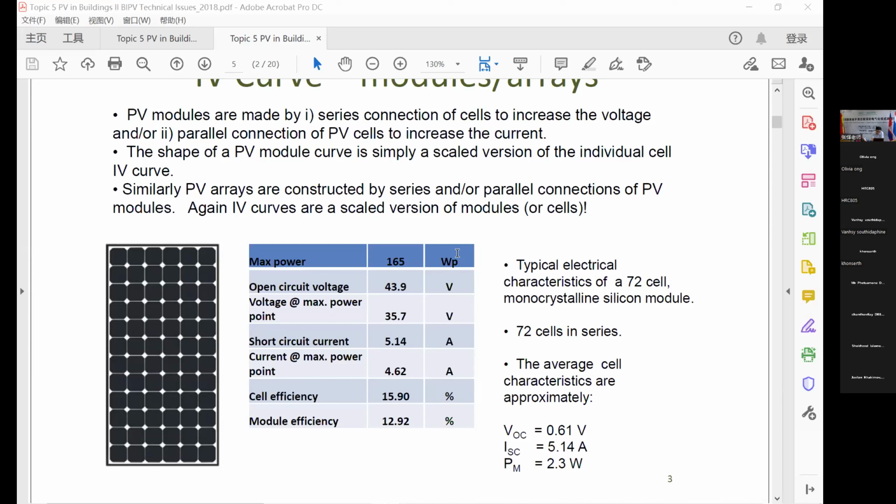The manufacturer will indicate the tolerance of the total power output. They will provide some key parameters, including the power output. There is a tolerance about the power output.